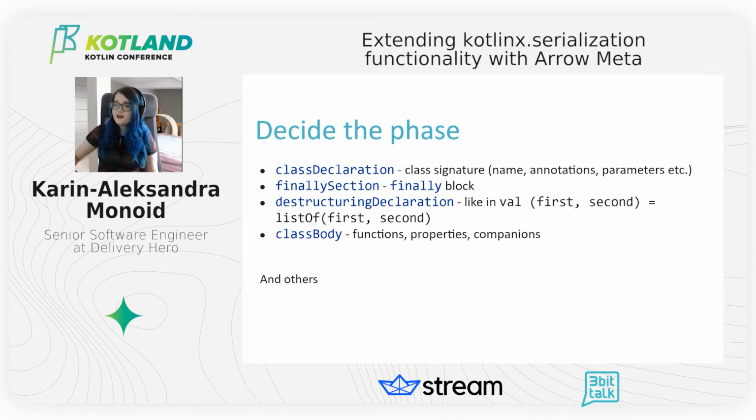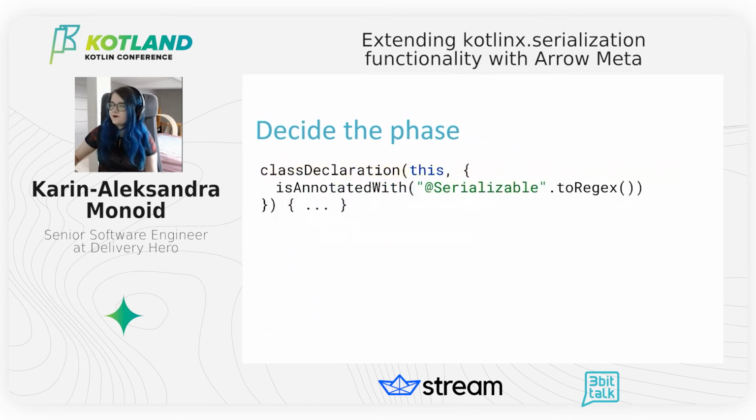But today it sounds like our case is suited best with class declaration, since we want to get the class which is annotated and its properties. So let's go with the class declaration stage.